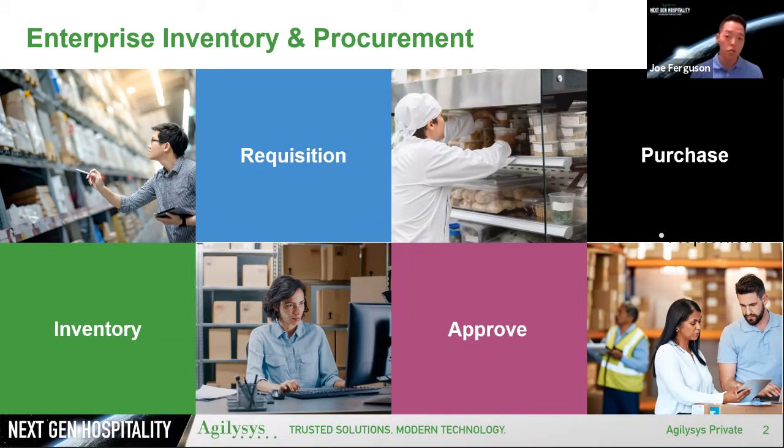Because of that inherent structure of Stratton Warren and being able to manage large corporate entities that may have multiple companies, multiple divisions or departments, Stratton Warren can be that single inventory procurement solution to manage a large corporation.